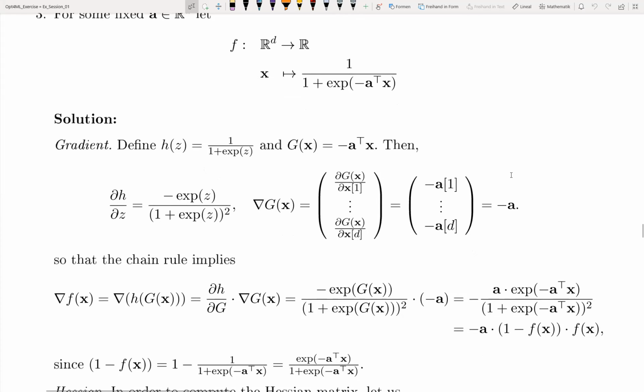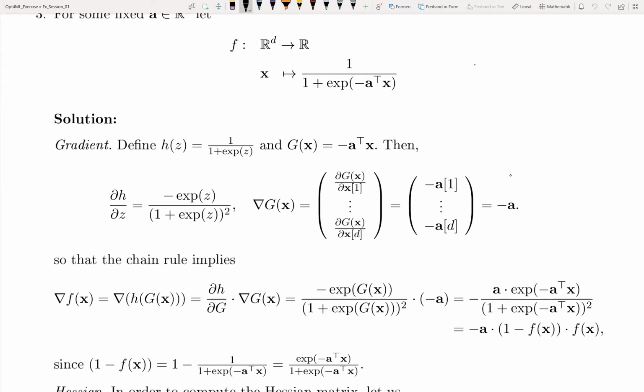It's a bit quick, but we can also apply here the quotient rule if you like, for h of z, to compute the derivative of h with respect to z.